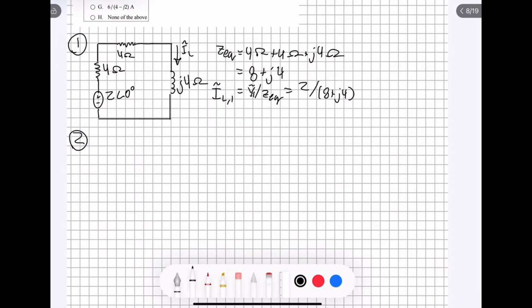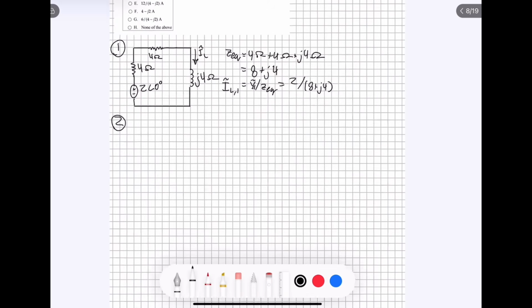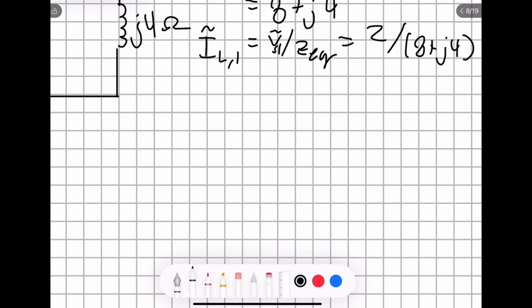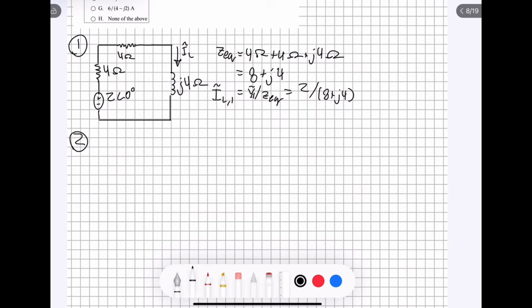So we can redraw that circuit once again. We can redraw the circuit like this. 4 ohm resistor here. 4 ohms here. Oops, I forgot. We actually have the source first, then the 4 ohm resistor. And the source is 6.